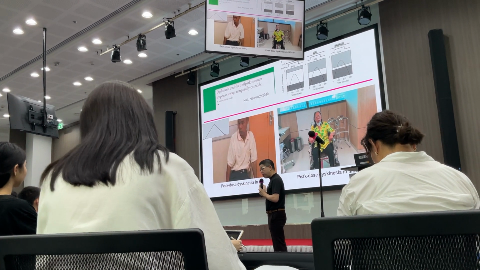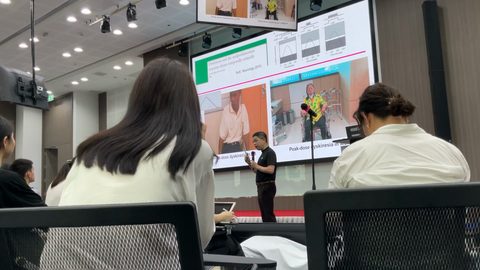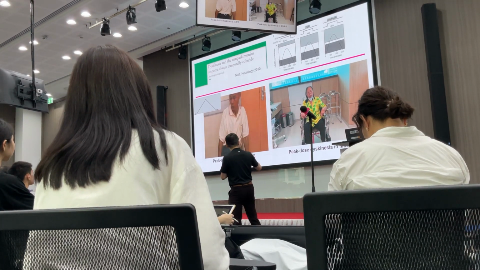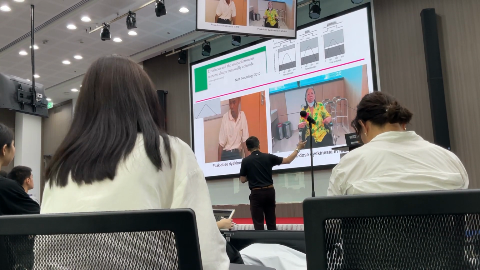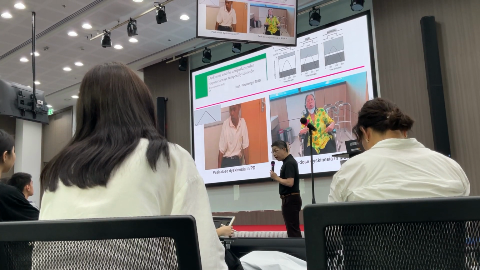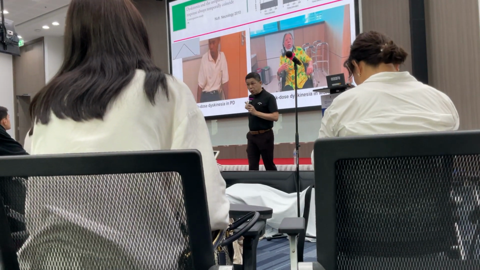The other thing we need to be aware of is that levodopa-induced dyskinesia can also occur in atypical patients, like you can see here. This patient with MSA has levodopa-induced dyskinesia, but still remains in the wheelchair.